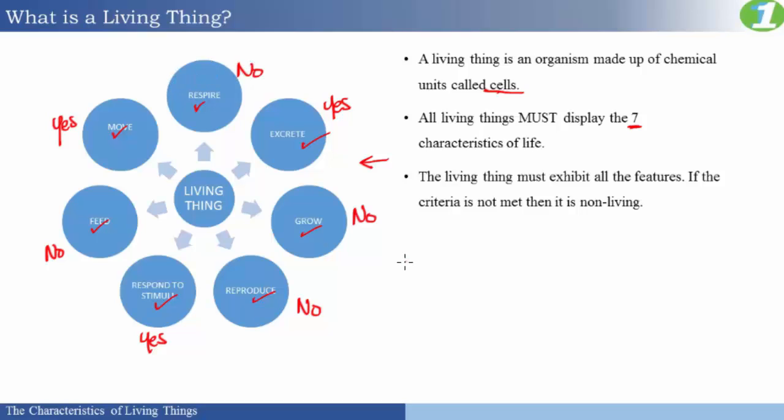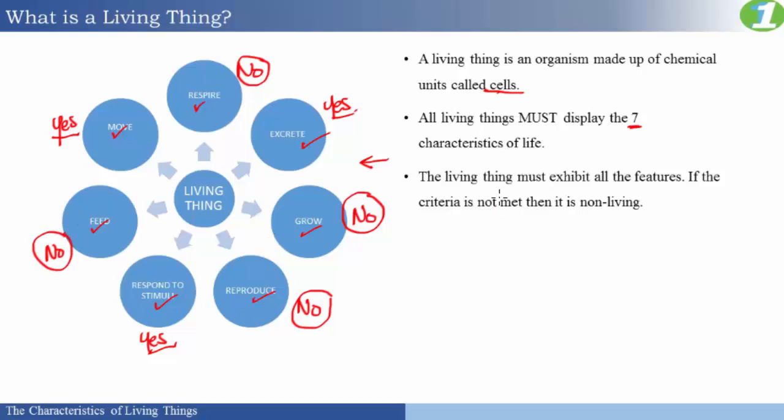Now let's summarize. So the car can excrete, the car can respond, the car can move, but the car cannot respire, the car cannot grow, the car cannot reproduce, the car cannot feed.